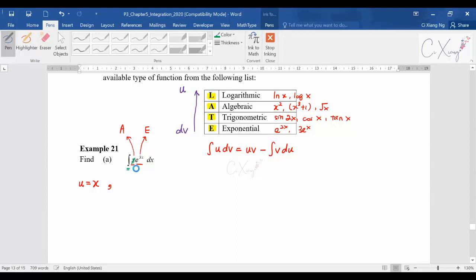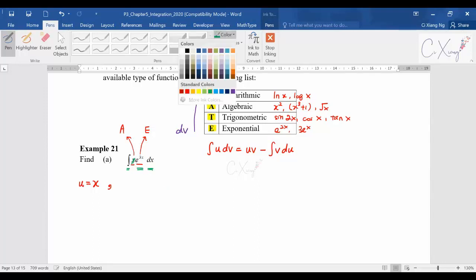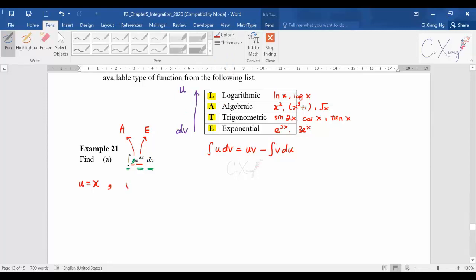You still have the integration, you still have e^(3x), you still have dx, right? So the whole thing e^(3x) dx should be dv. So dv is equal to e^(3x) dx.